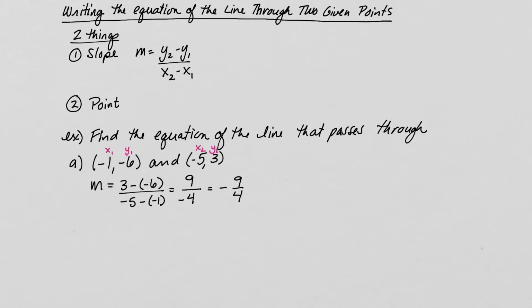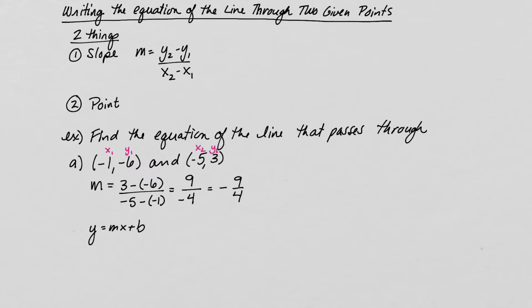And now we're going to use that y equals mx plus b formula. And again, you can use whichever formula you want, the y equals mx plus b, or the point slope formula, and then solve it for y. But all of these answers we're going to want to give in y equals form.